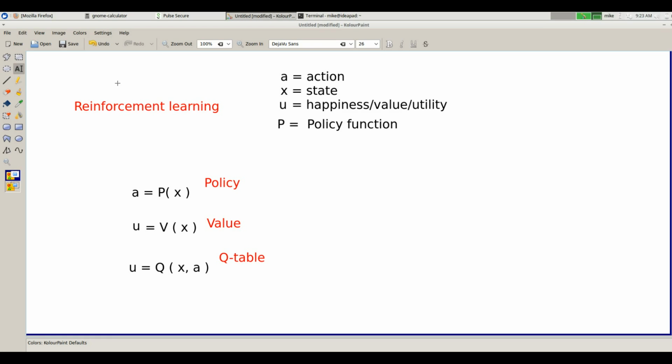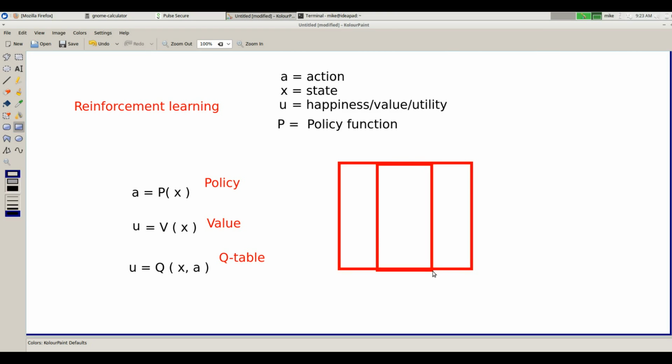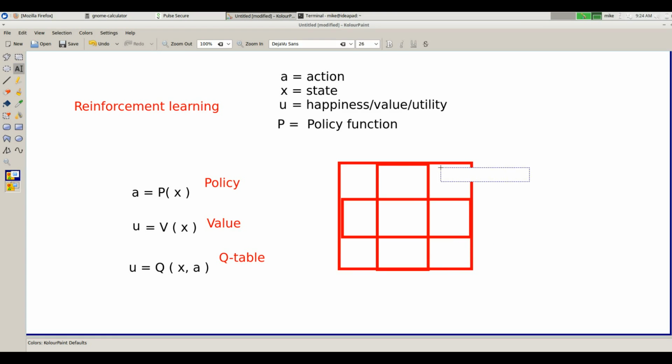So if you take, for example, a value table, and let's do our simple grid world game. So we have a grid world, and you say, what's the value of being in any state? And we say, well, this state has a value of 5, and maybe these have 4s. And this one's a 3, and this one's a 3, and this is a 2, and that's a 2, and this is a 1.